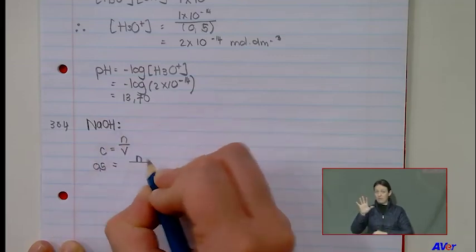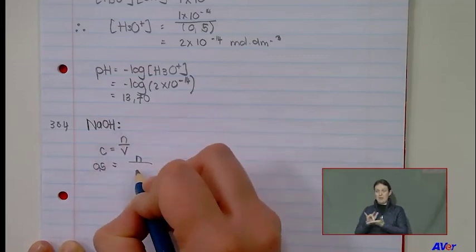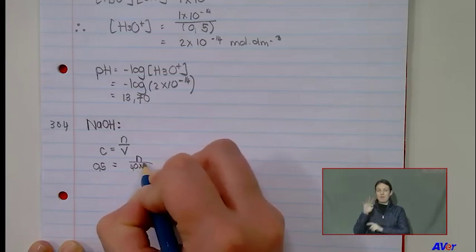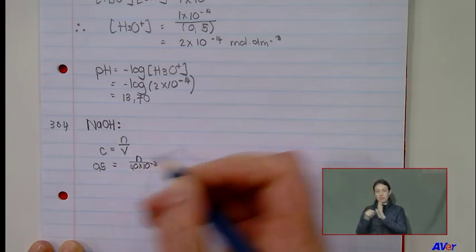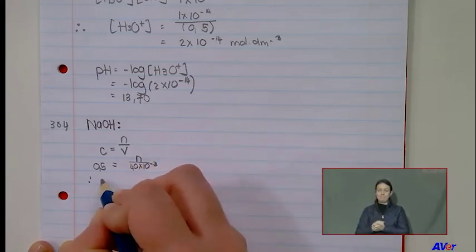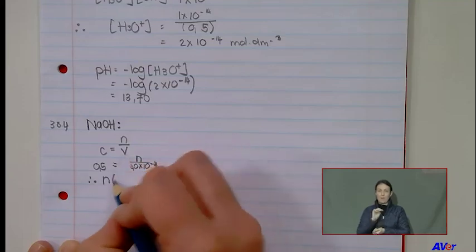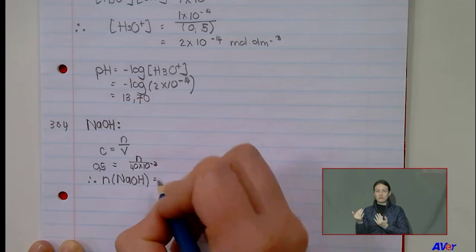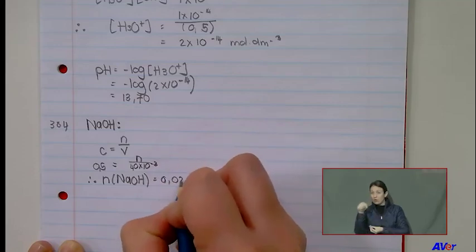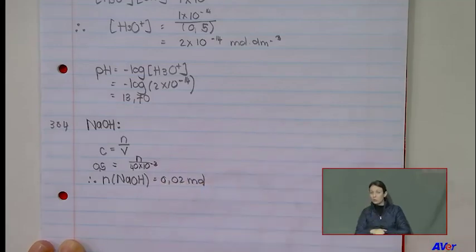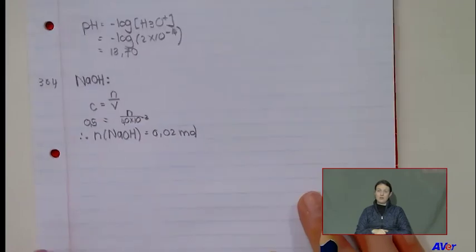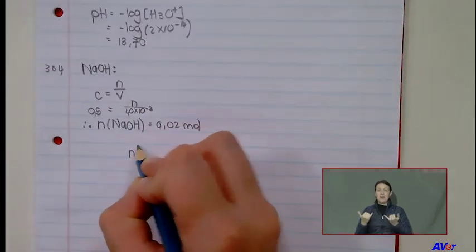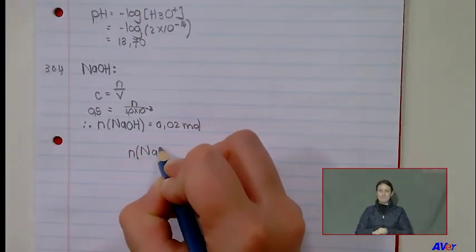Moles is what I want to calculate, and the volume is 40 times 10 to the power of negative 3. Therefore, the number of moles of sodium hydroxide is, do you also get 0.02 mole?